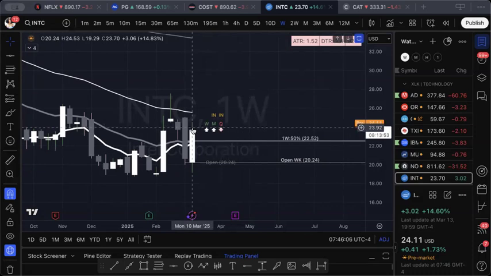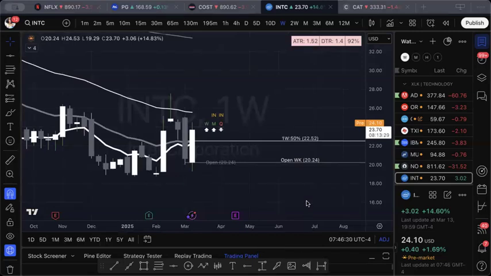Now, how much of a move will we need to do in order to take the other end of the candle out? So if the ATR is $1.52, and I'm just going to take it from where the candle closed, which is 23.70, and it can move about $1.52 in a day. So we want to see if we can complete the outside week or go three on the week by today.